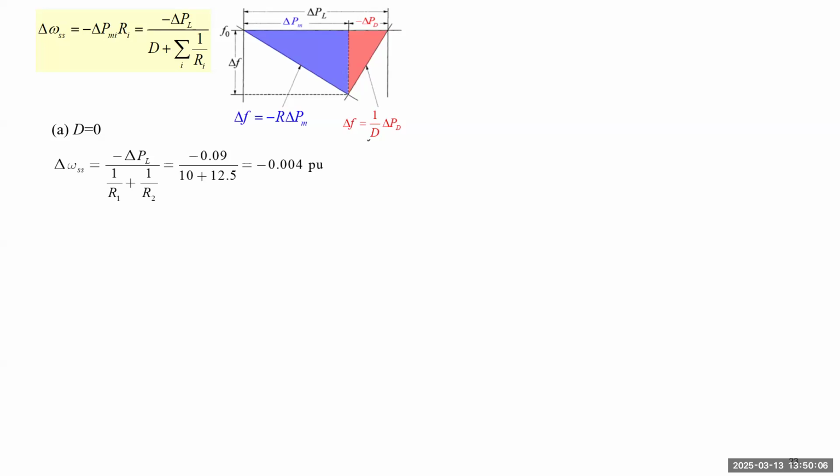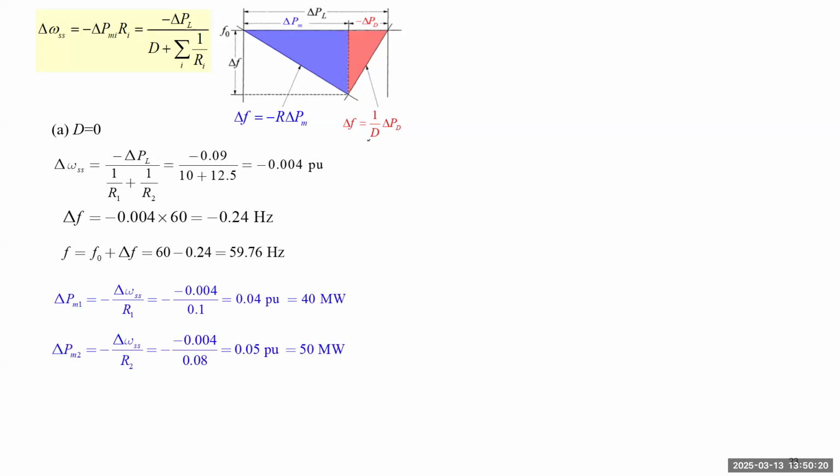The frequency deviation is negative 0.004 per unit, which translates to negative 0.24 hertz. The new frequency will be 59.76 hertz. Mechanical power change will be 40 megawatt for unit 1, and 50 megawatt for unit 2.